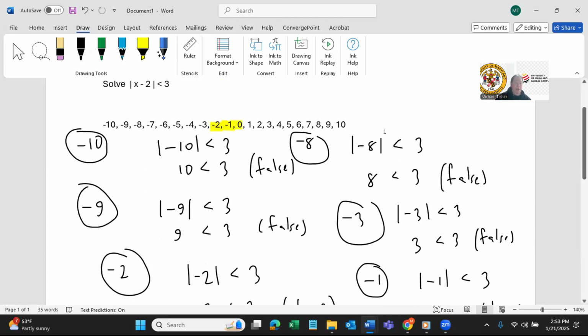All right, so let's highlight all the numbers where it worked. It's negative 2, negative 1, 0, 1, and 2 when it works.